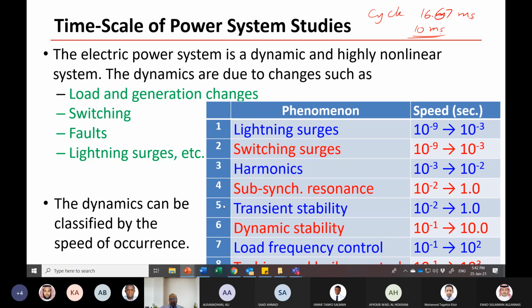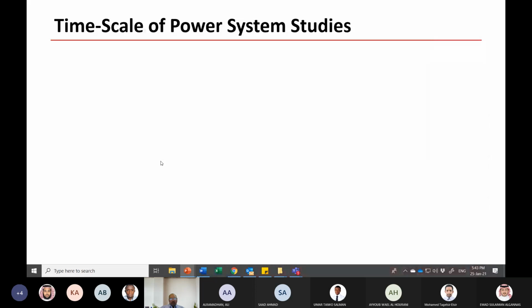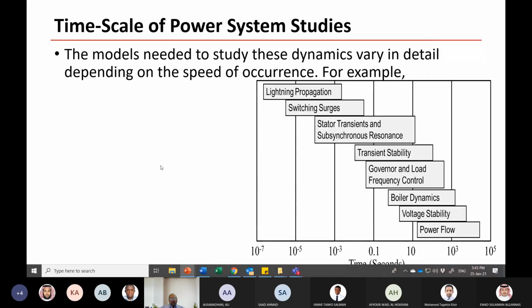Definitely, if we are talking about this time frame, we will not be interested in lightning surges and switching surges, and also not in the other types, the steady state, like a load flow or something like this.